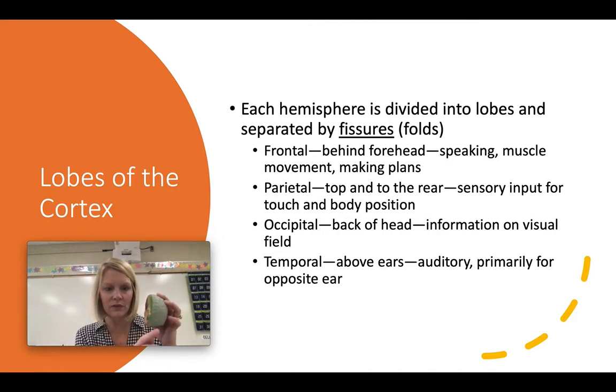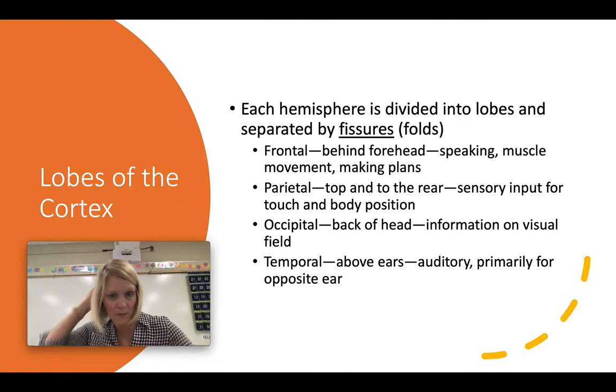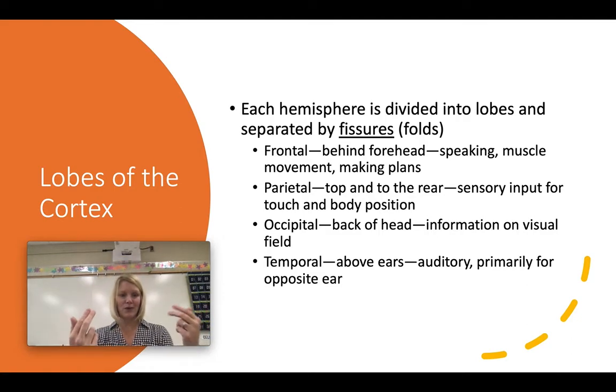So again, if this is the front and this is the back, the occipital lobe is back here behind your head. It's pretty cool, all the information that comes in through your eyes gets processed almost behind your head. So if you think your parents have eyes in the back of their head, you could say, well, yeah, that's where their occipital lobe is.